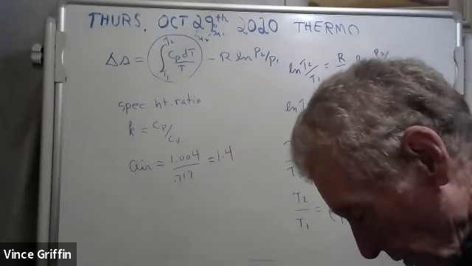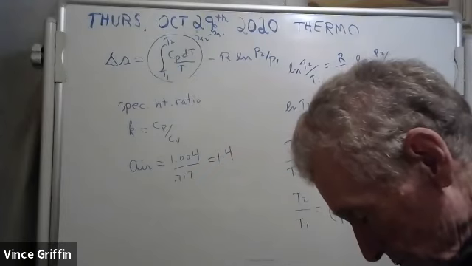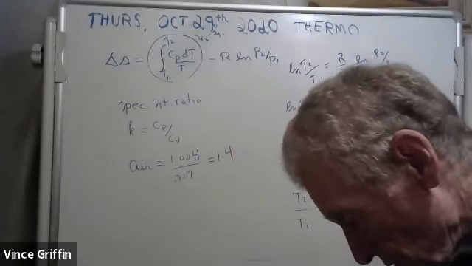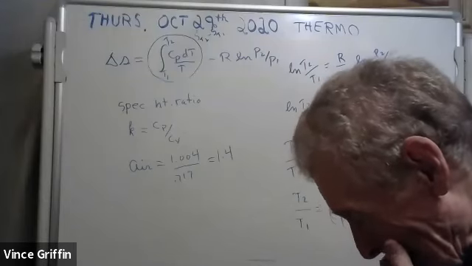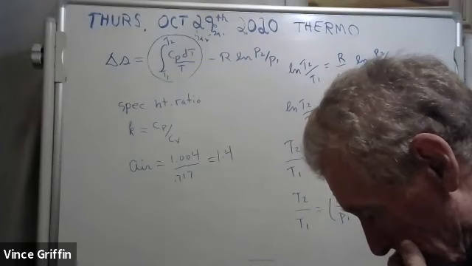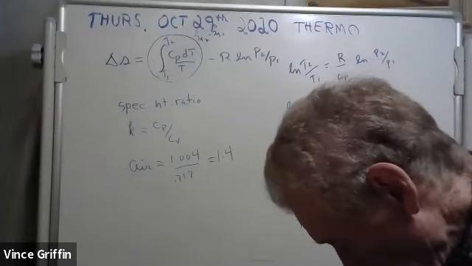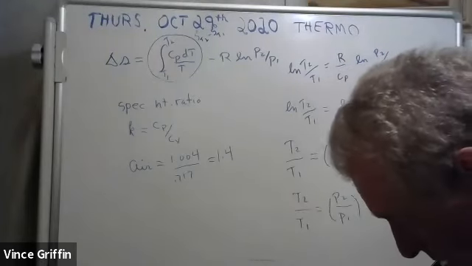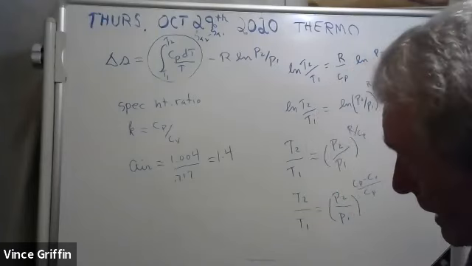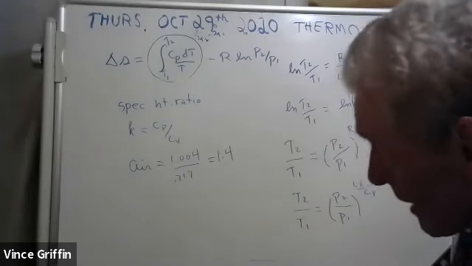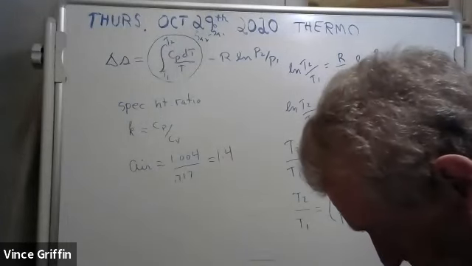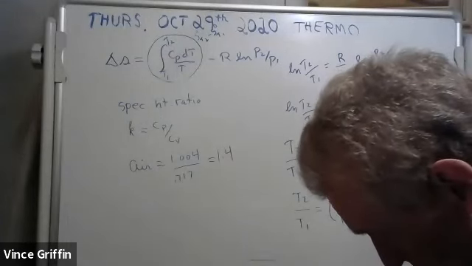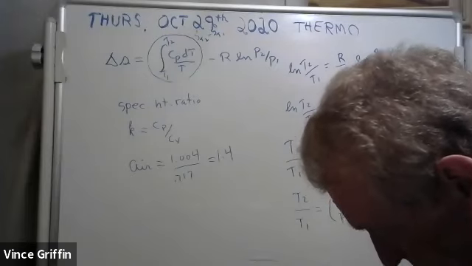Let's see if I can find one here. Don't see them. There it is. Air is 1.4. They've got that little K there. This is in table A9 for, I don't know, probably about 50 different gases there. See it? You can look in the back.